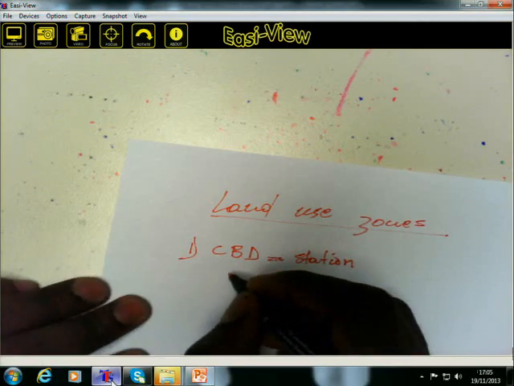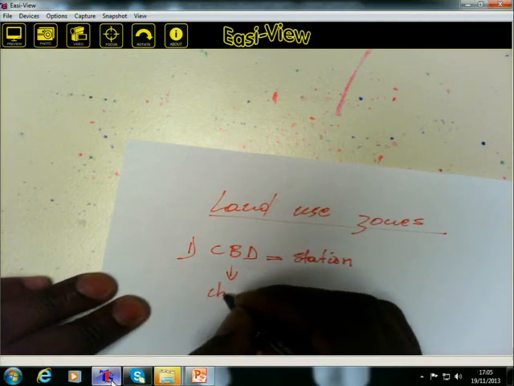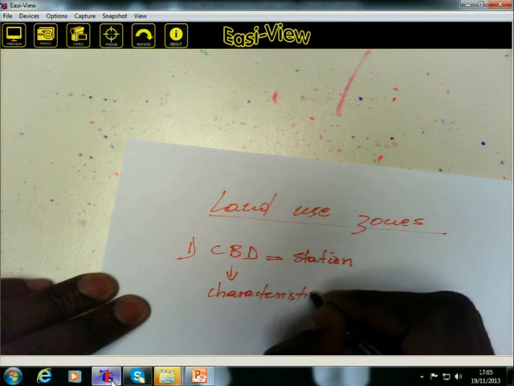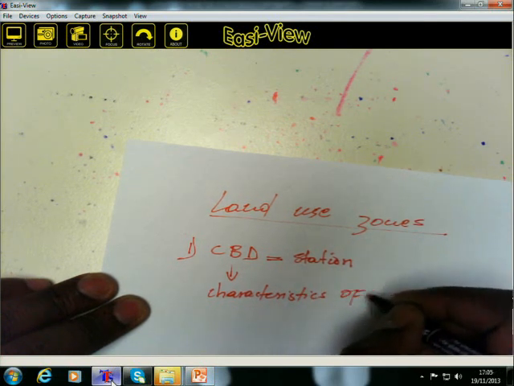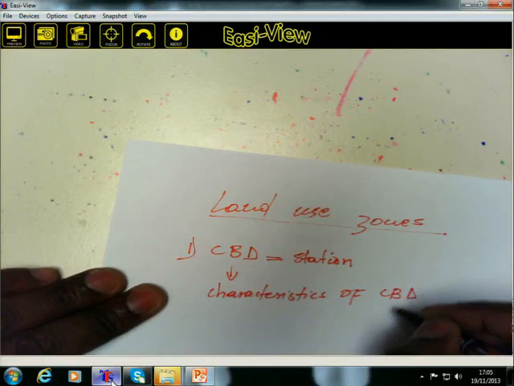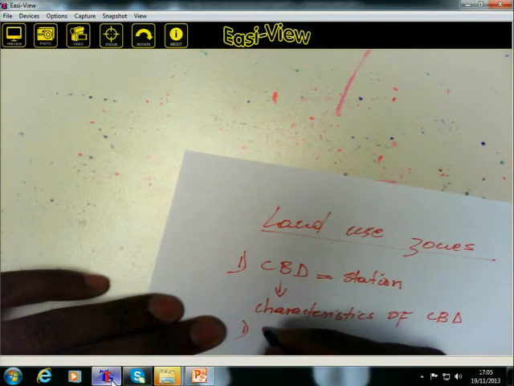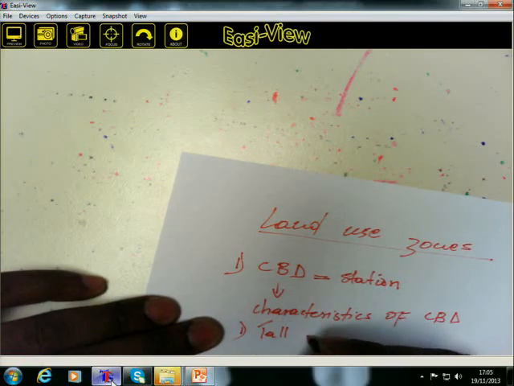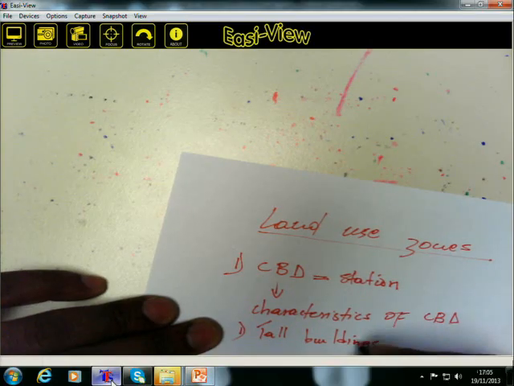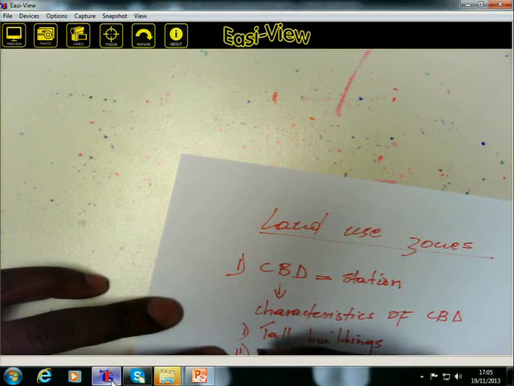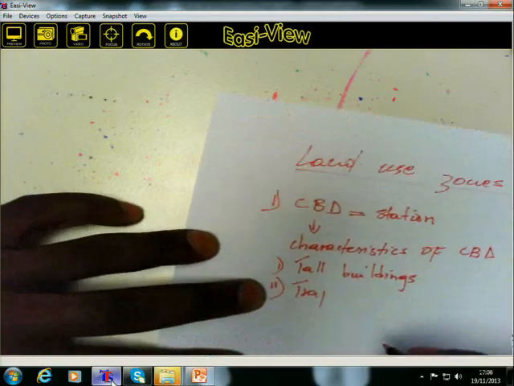Now, characteristics of the CBD. What are the characteristics of the very same CBD? Say one of the characteristics of the CBD is that it has tall buildings. Paper 1 information. The second part of it, you say it is associated with high traffic congestion.